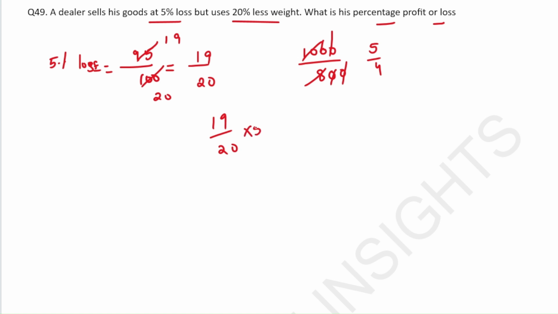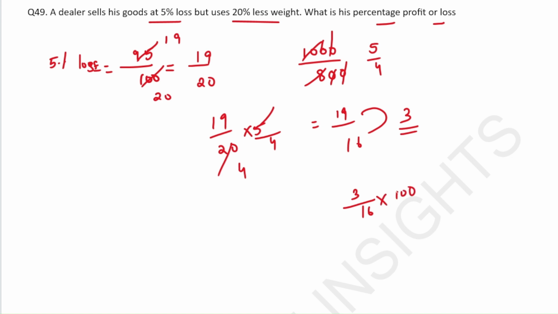So this will be 5 by 4. 5 4s are 20, 19, and then 4 into 4 is how much? 16. So the dealer is getting profit by how many parts? He's getting profit by 3 parts, right? So the profit percent will be 3 divided by 16 into 100. So if you solve this, you will get the value as 18.75%. This is the profit.